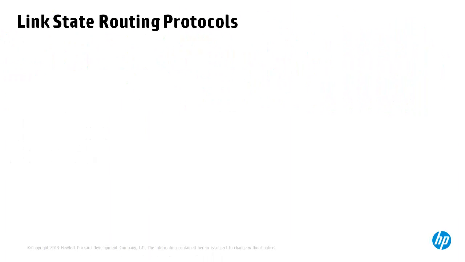Link state routing protocols have greater visibility of the network and are generally more powerful. As an example, OSPF is a more powerful routing protocol than RIP. Link state routing protocols, to use an analogy once again, have a roadmap of the entire network and can thus make better routing decisions than distance vector routing protocols, which only see a single sign.